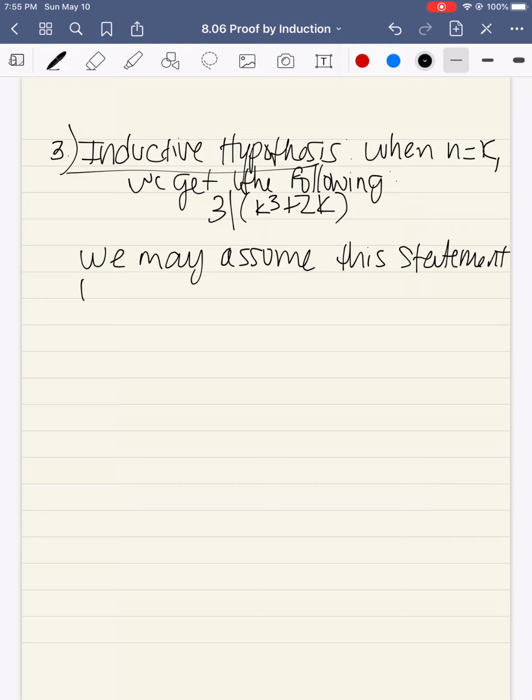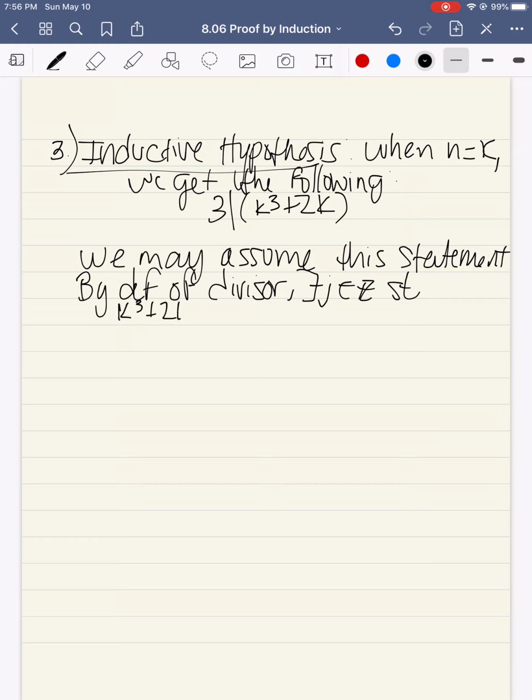So by definition of divisor, there exists a j in Z such that k cubed plus 2k is equal to 3j. Now we're going to simplify here, and we're going to solve for k cubed. Again, this might seem like, well, why the heck would we want to solve for k cubed?